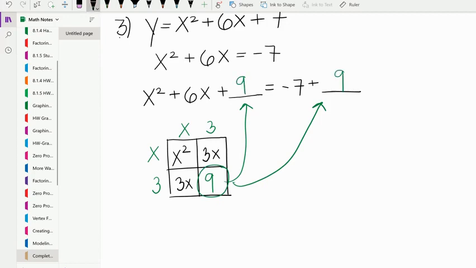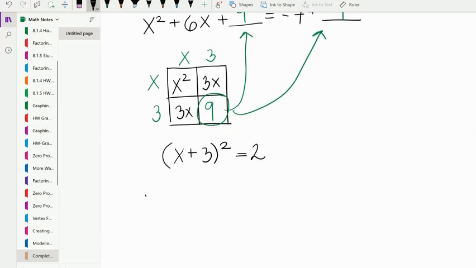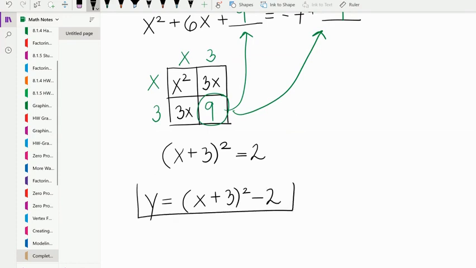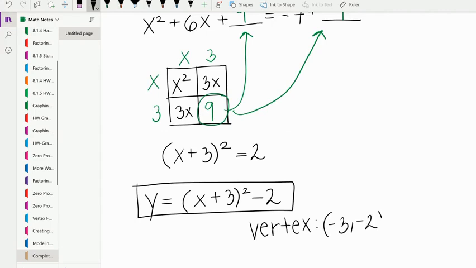Now I write my factors, which are x plus 3 squared equals -7 plus 9 is 2. And then I rewrite this all on one side by subtracting the 2. And I have my equation now in vertex or graphing form. And my vertex is -3, -2.